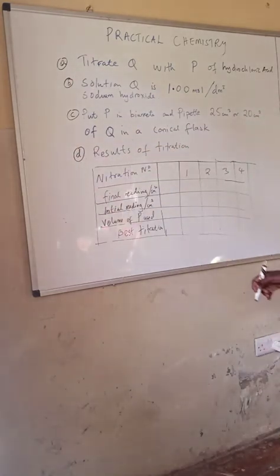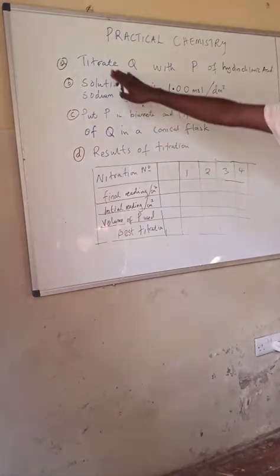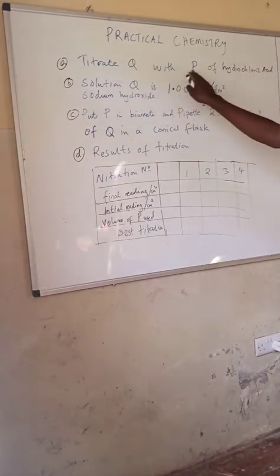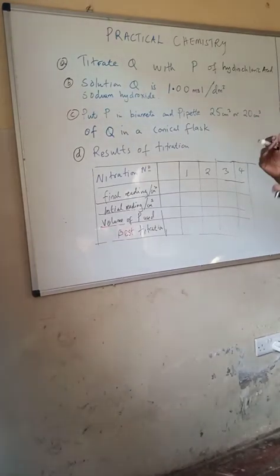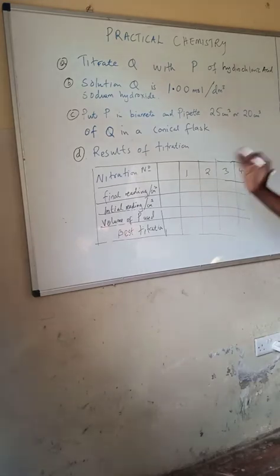Now, there are certain things that you need to know. For example, titrate Q with P of hydrochloric acid. Whenever you're dealing with titration, it is always a base and an acid.